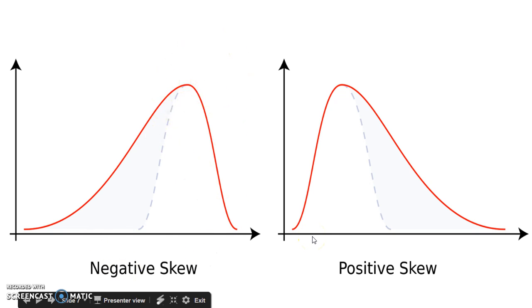An example of a real-life situation with a positive skew is salaries in a corporation. Most people will have salaries that are on the lower end of the distribution, with a few very, very high people in the corporation, like the CEO, making a very large salary.